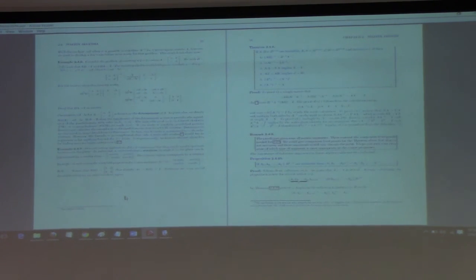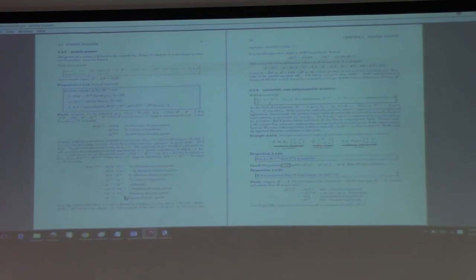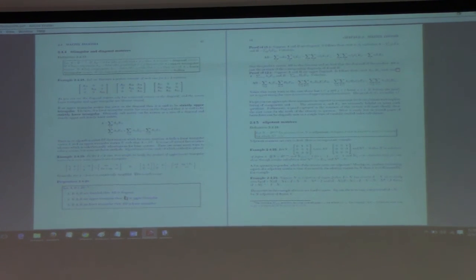See here, so what I'm trying to get to, let's see here. I mean, I would not ask you, it's unlikely I ask 2.4.20 because I didn't do those in class. I just asked you to read them.